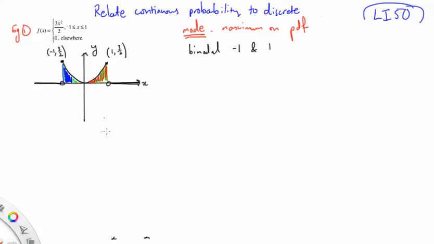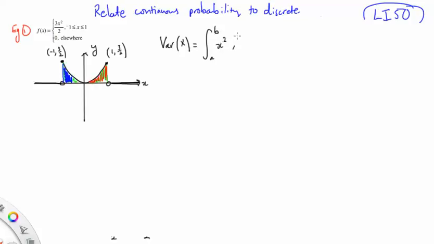Alright, so we've done mean, median, and mode. The next thing to do is variance. Now this is quite a big formula, but it's very much the same as our formula for discrete random variables.